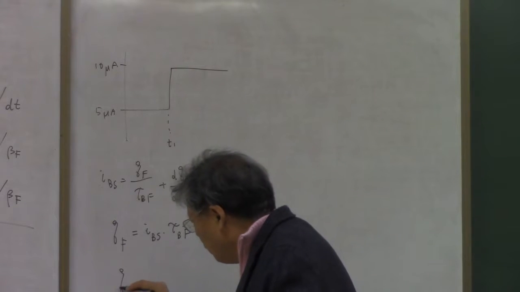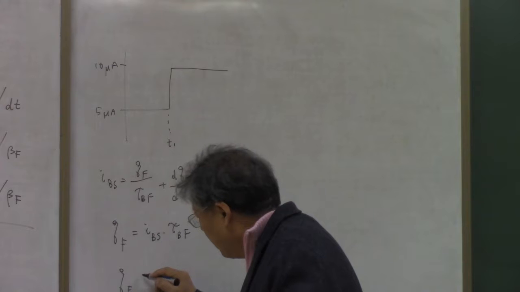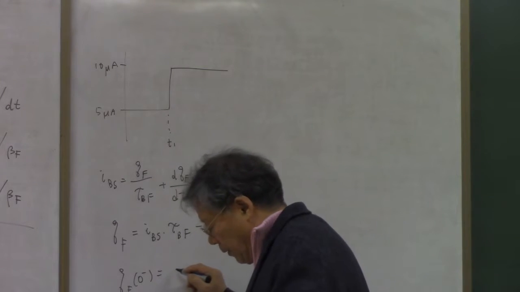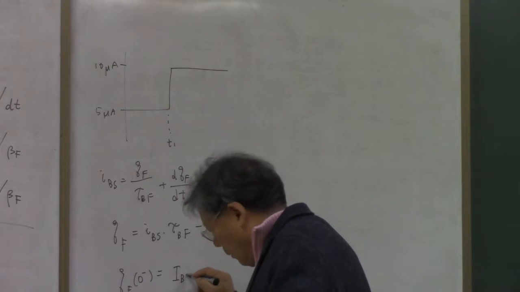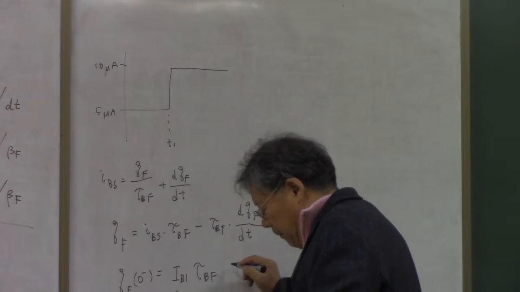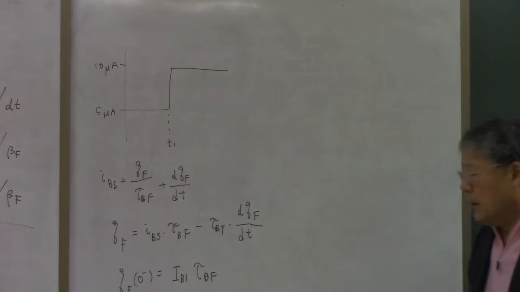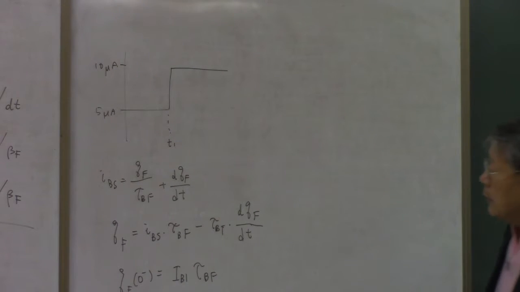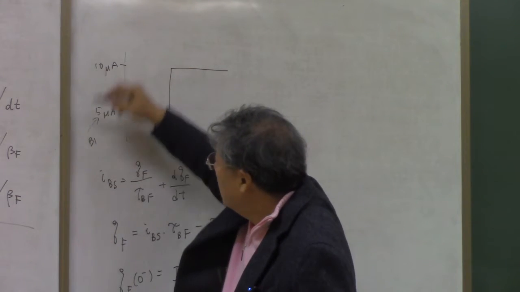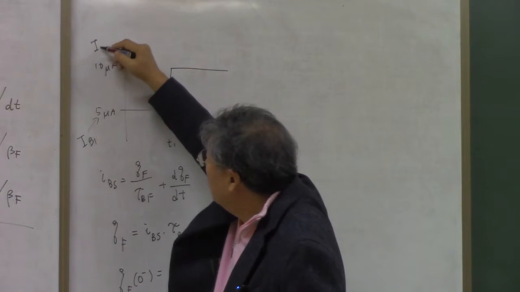And we know the initial charge is going to be set by IB1, and that is IB1, and that is IB2.